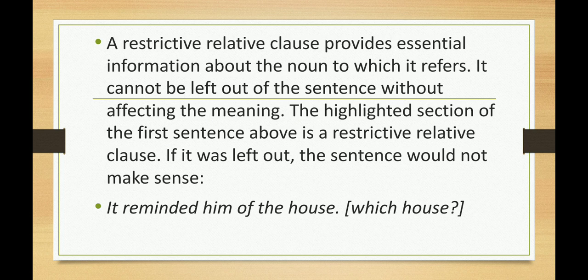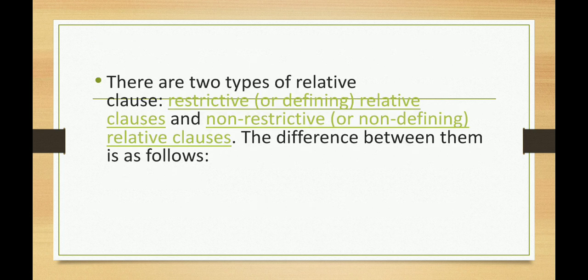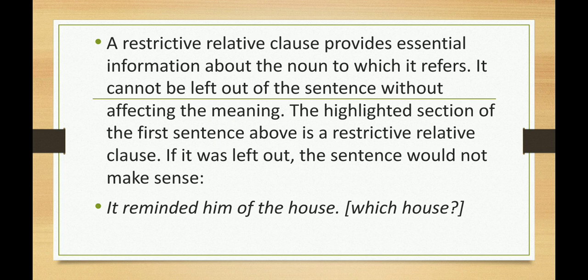That is why we call it a restrictive relative clause, or a defining relative clause. In simpler words, when it is separated from the main clause, the clause which remains doesn't give us the complete meaning.